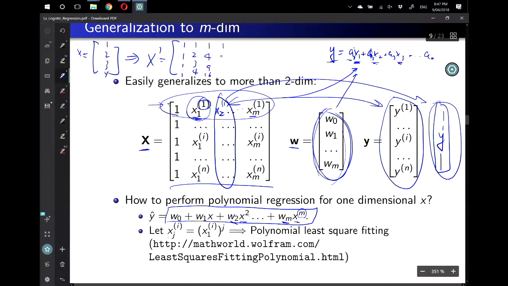Cubic, if you like. This is 1, 8, 27, 64. Okay, you can do something like this. Okay, and then everything is still the same.